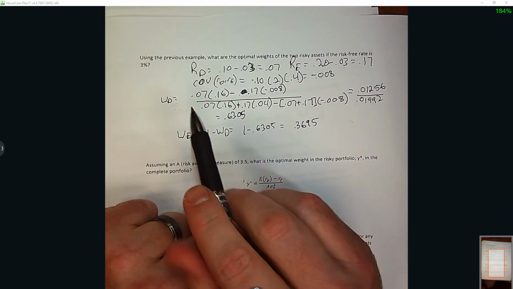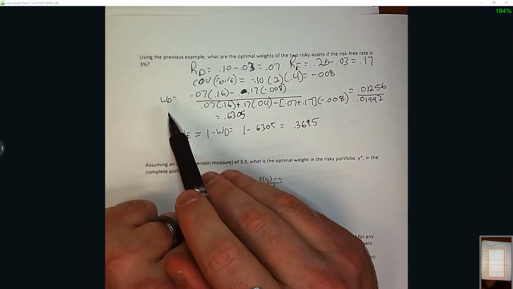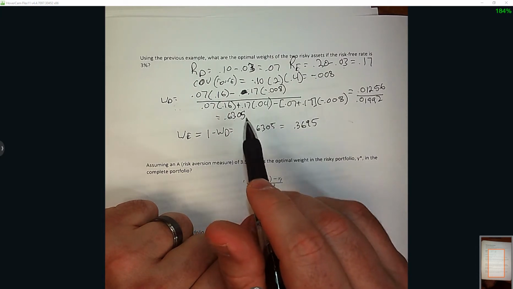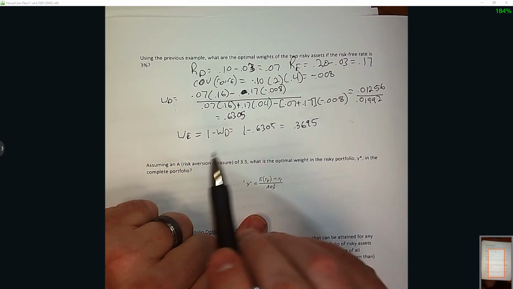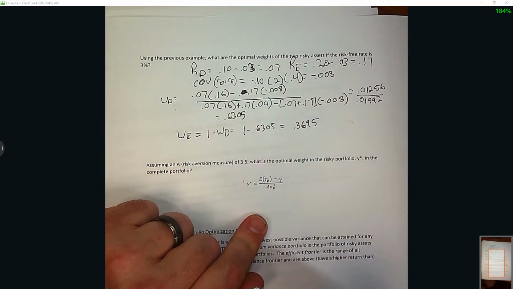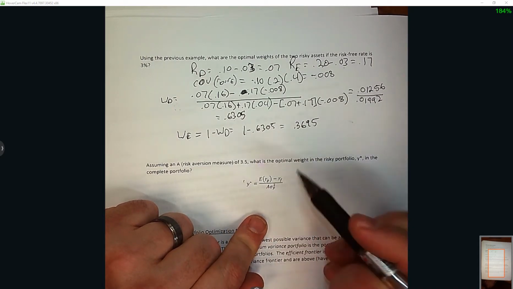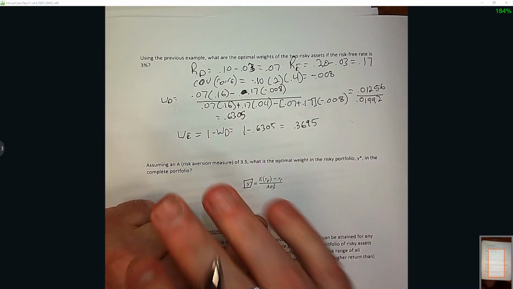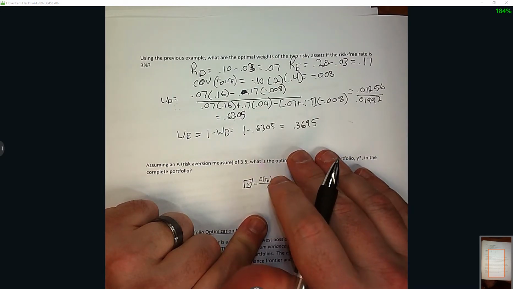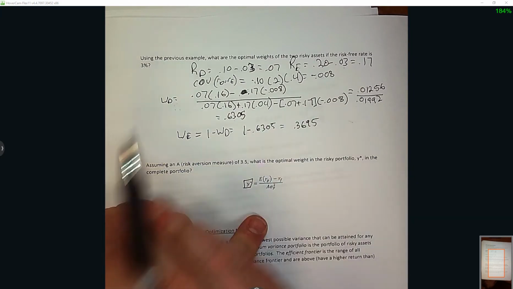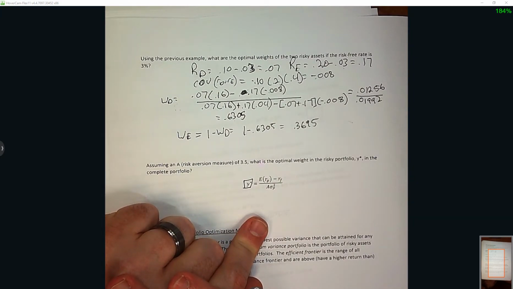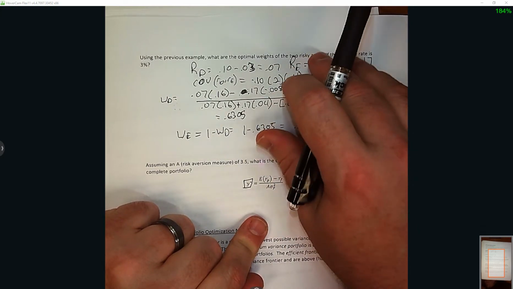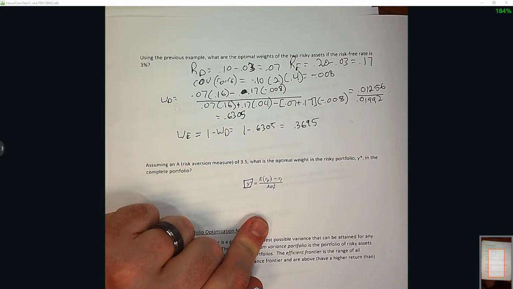So our risky portfolio again is 2 assets, debt and equity, with the weights of 63.05% and 36.95% respectively. And now we want to figure out the proportion that we're going to put in that risky portfolio of a specific investor's wealth. So we did something like this in the last topic area, but now we've got a specific portfolio that we're going to assign this to.